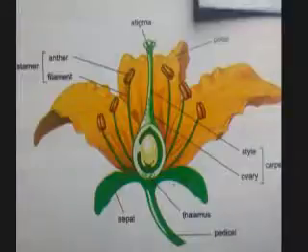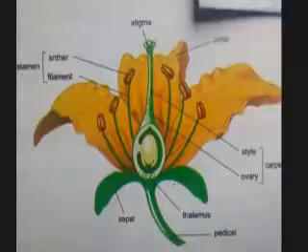In the middle of the flower we can see a jar like structure which is called carpel. Carpel has 3 parts. The top of the carpel is called stigma, and the stalk like structure is called style, while the swollen part of the carpel is called ovary.